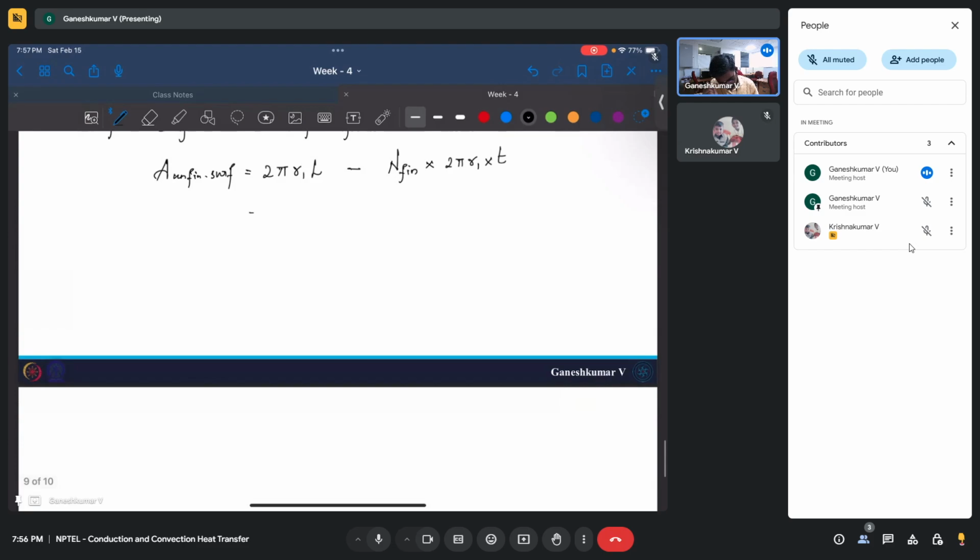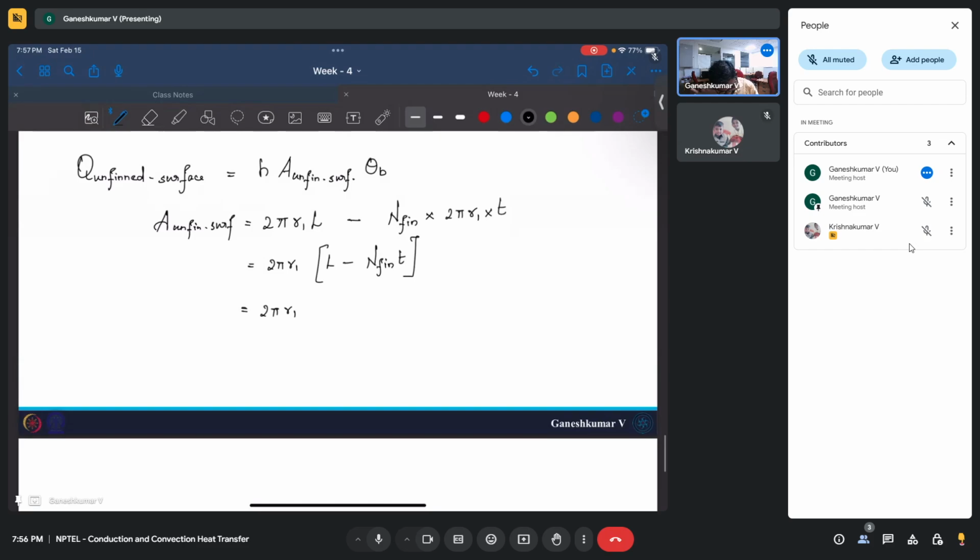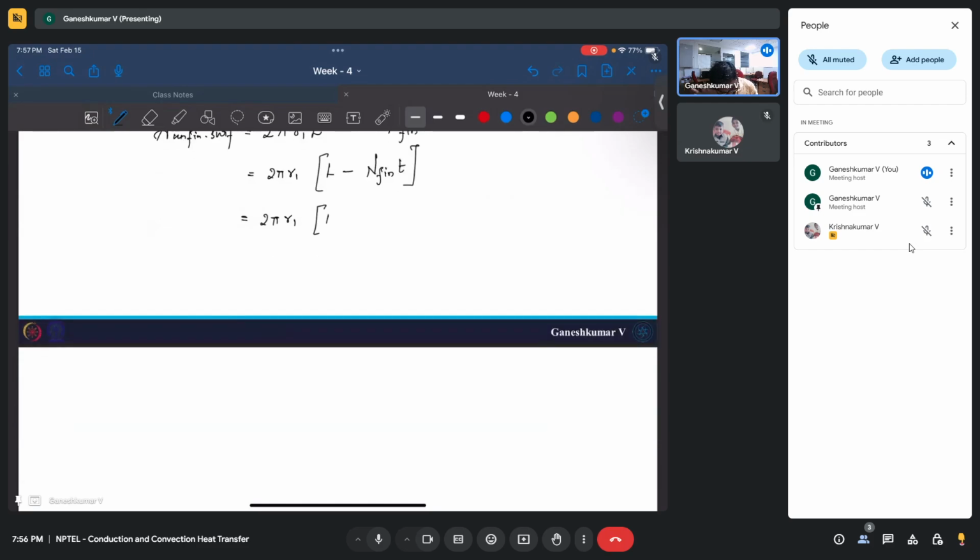Now if you do this calculation, 2 pi r1 is common, maybe I can take them out, into L minus n fin times T. L is 1 meter and n fin is 125, so 2 pi r1 into 1 minus 125 times 0.004.